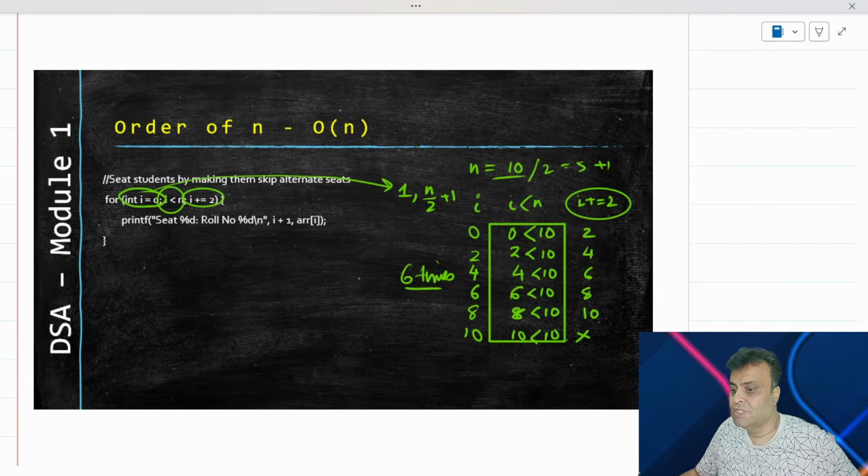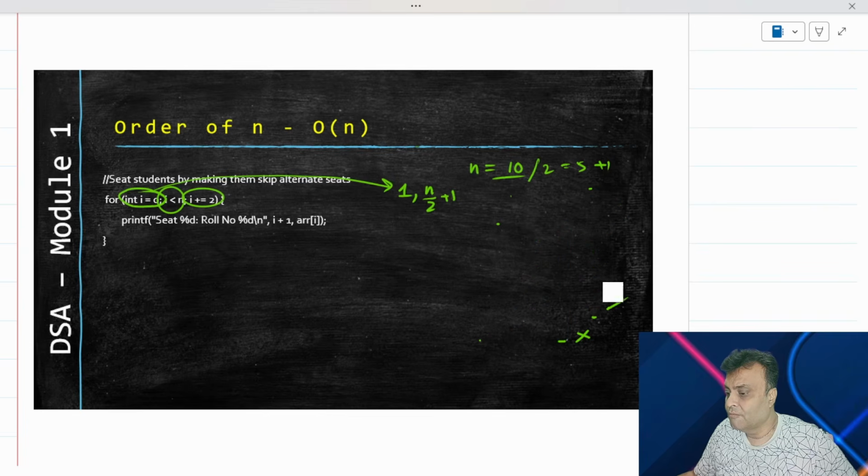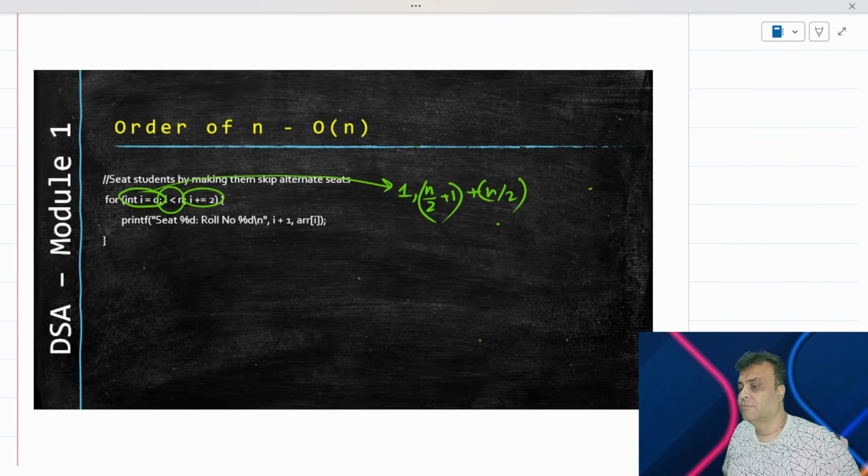This is what we are seeing now. This is executing 5 times. So this is executing for n by 2 times. So this is what is happening.